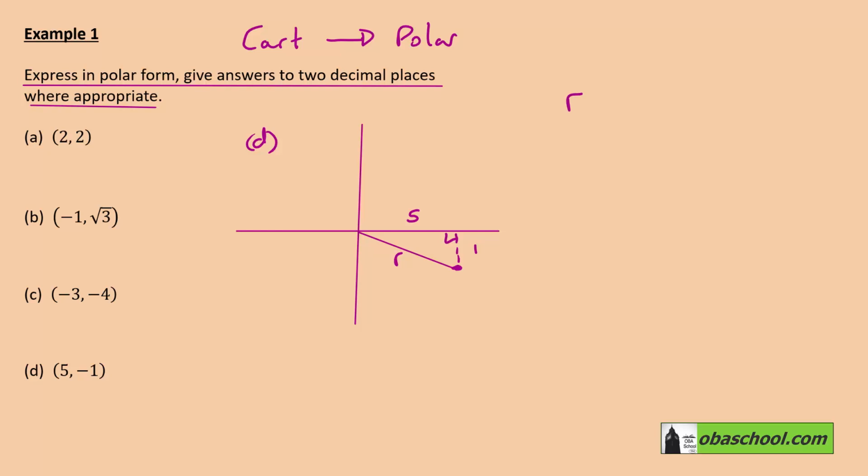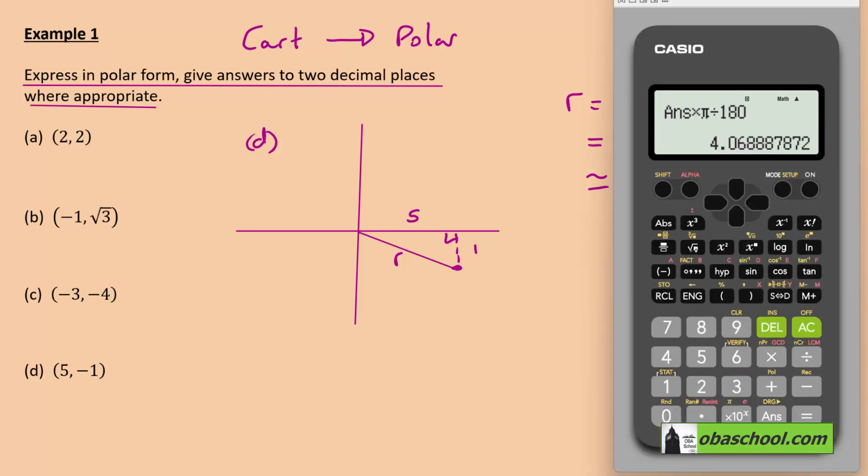And so r would be equal to the square root of 5 squared plus 1 squared, which is the square root of 26. Working to 2 decimal places, we want the square root of 26. That's 5.10.